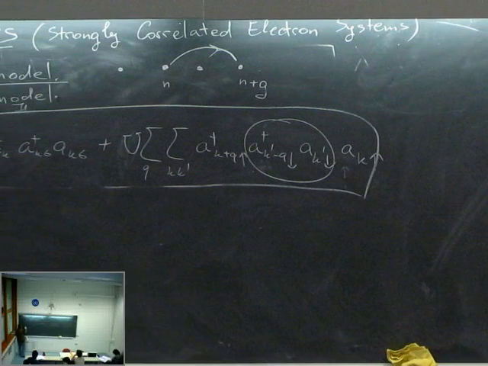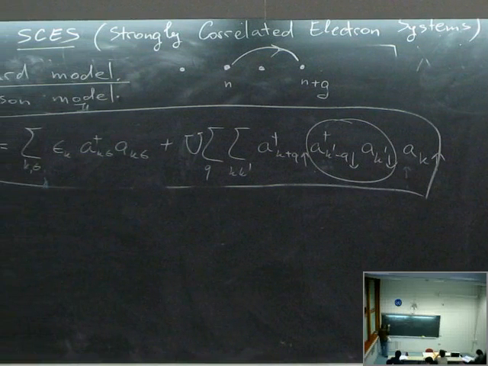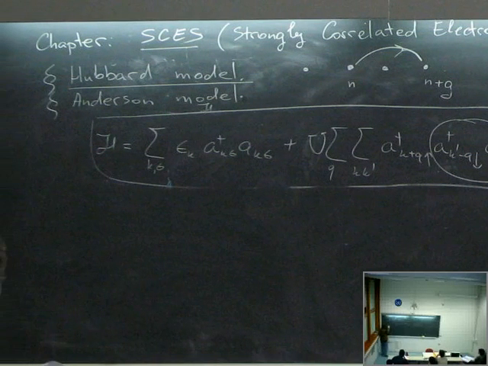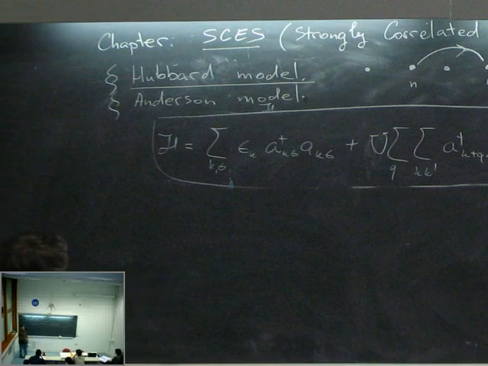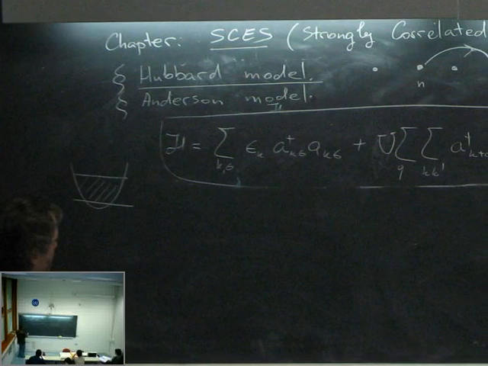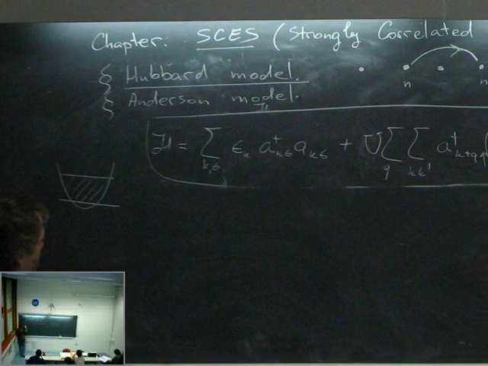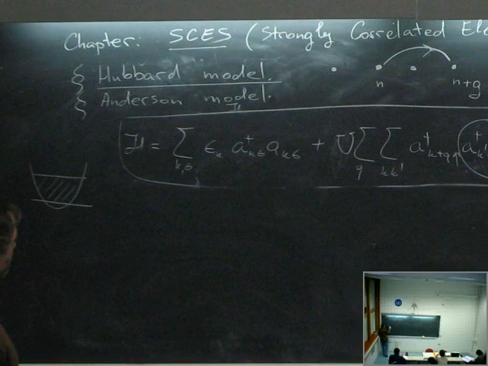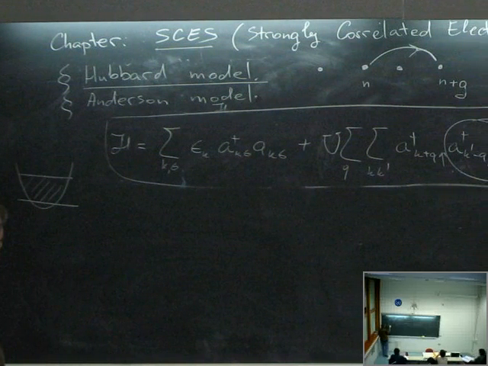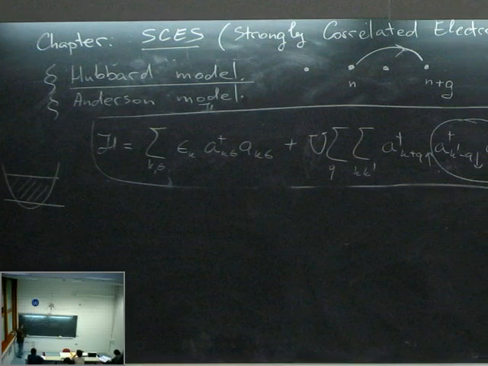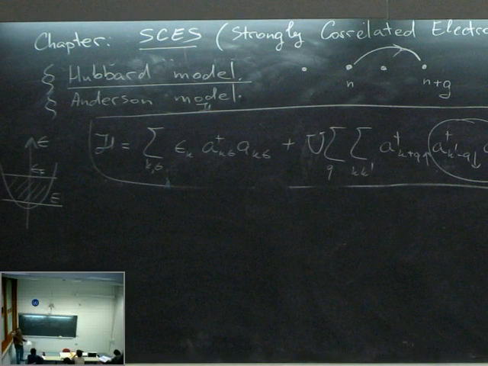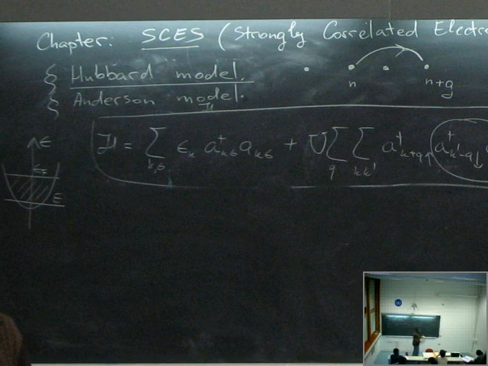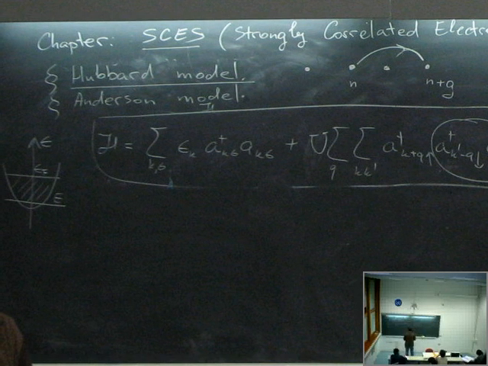For example, we have conduction electrons which contribute to the conduction band, and we have deep orbitals which are far away from the Fermi level. So this is energy, this is the Fermi energy, and this is the position of the level associated with the deep atomic levels very far below the Fermi surface.